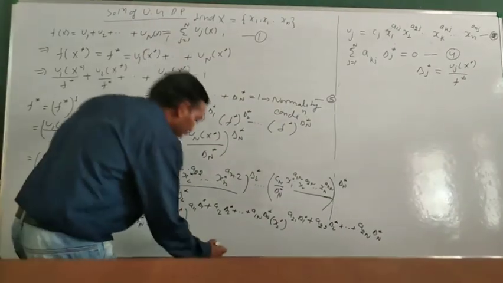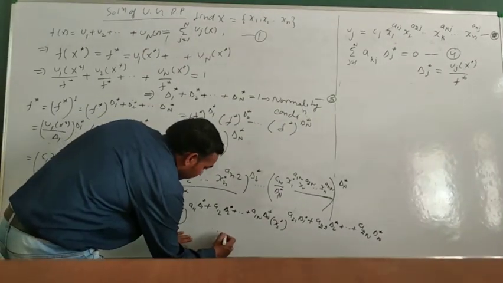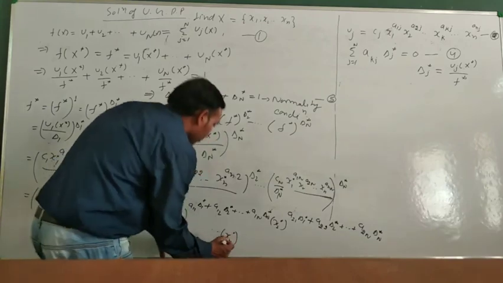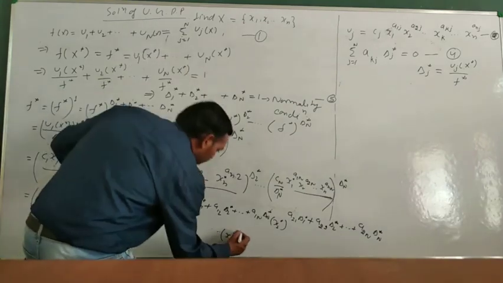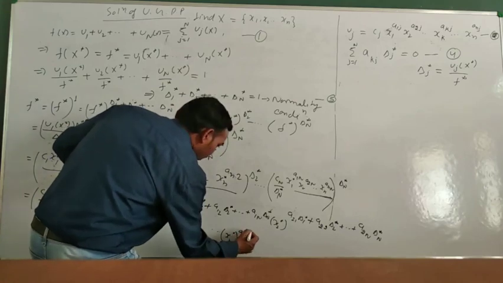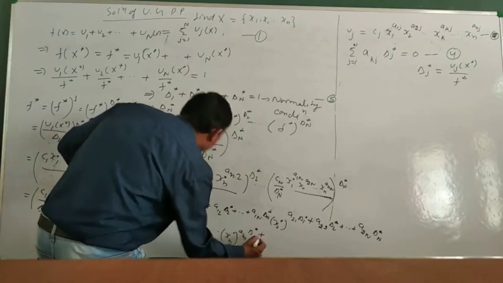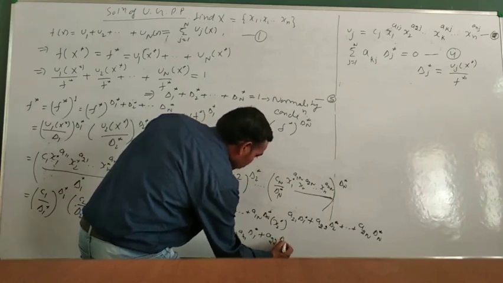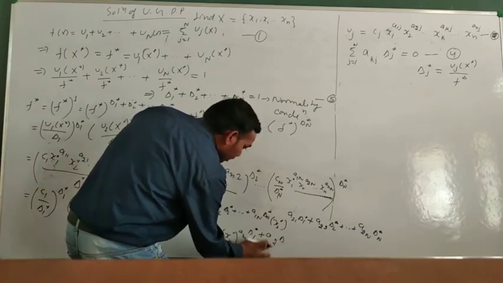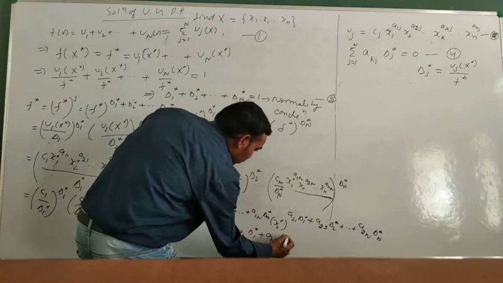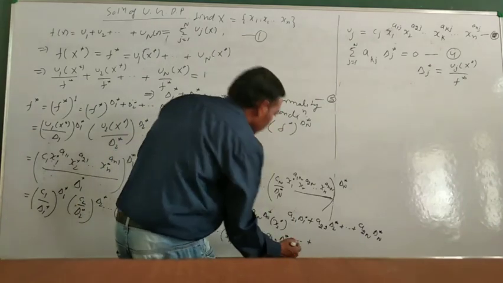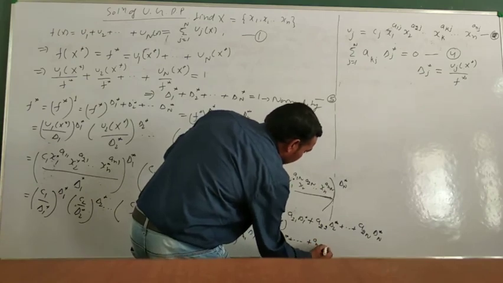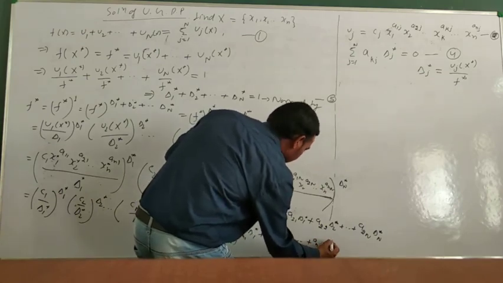Similarly, we write for the others, for xn star to the power an1 delta 1 star plus an2 delta 2 star and so on, ann delta n star.